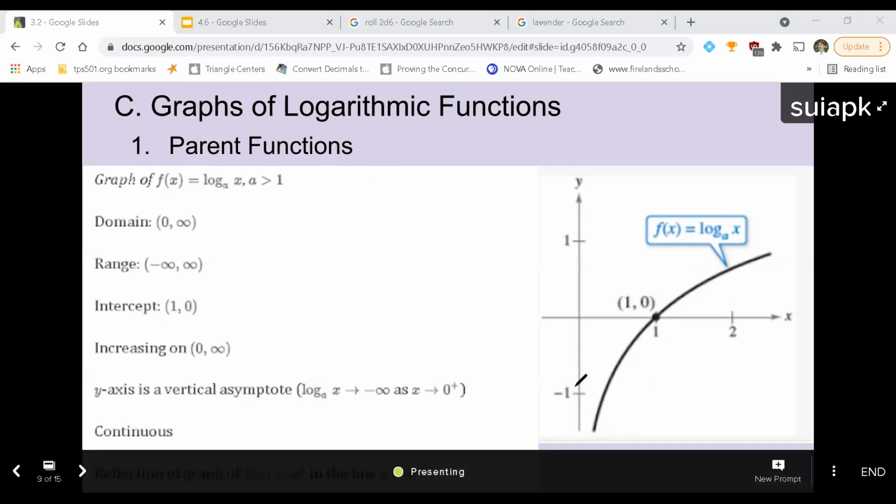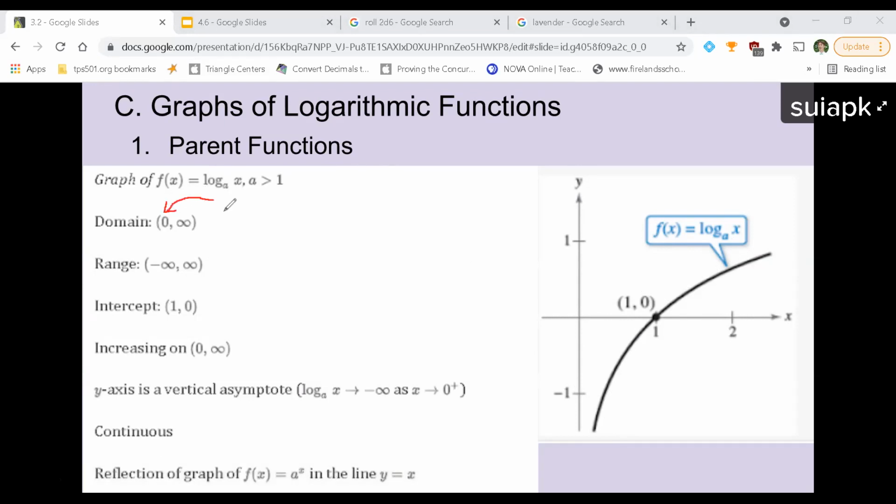Its domain is 0 to infinity, not including 0. It also doesn't include any negative numbers. That's really important, and they ask you about that on the ACT. But it should make sense if you think about it.